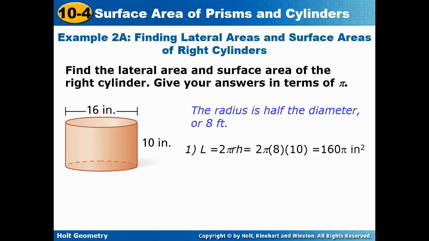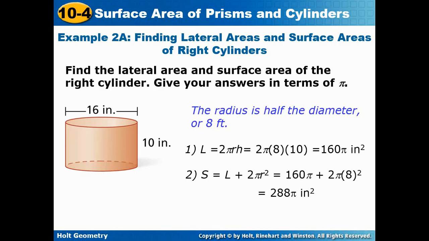Step number 1, we find the lateral area. The lateral area is 2 pi r h only. Write the formula, then substitute the values. Here 2 pi times the radius, which is 8, and the height 10. The answer is 160 pi. Don't substitute pi.